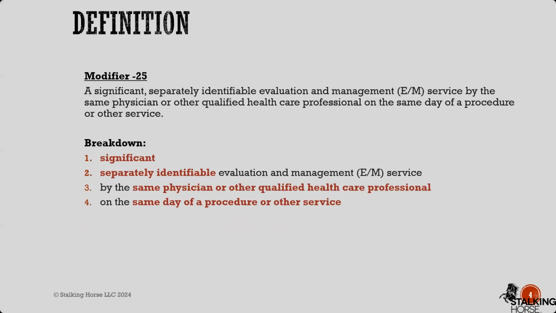For example, let's say 99213 was used for the E&M, and then that would have a modifier 25 attached to it. And then you would also attach your codes for the injection or the flu shot, and those would go out without that modifier. So the 25 goes on the evaluation and management service.